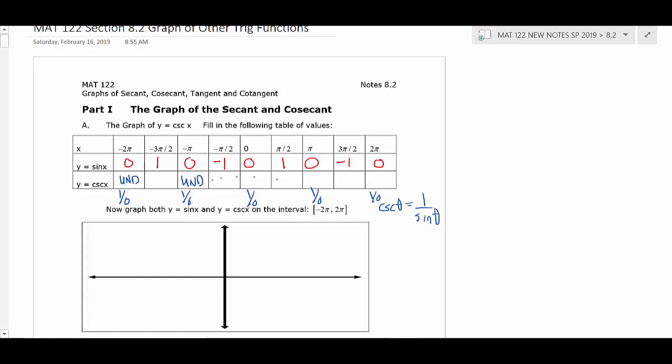Everywhere the sine is 0, the cosecant is going to be undefined. The reciprocal of 1 is still 1, and the reciprocal of negative 1 over 1, turned upside down, is still negative 1, and so forth. That gives you the key points, and all of that comes from the unit circle.